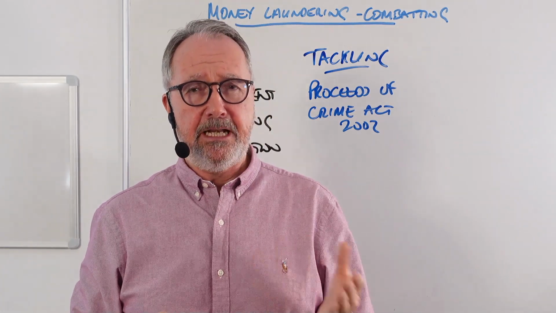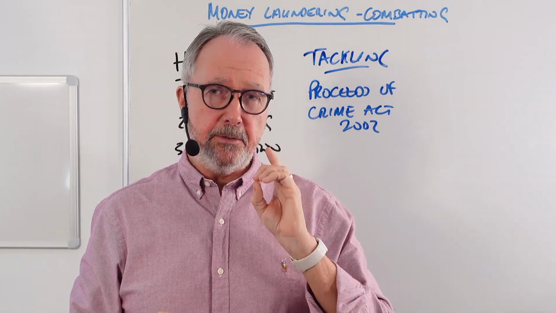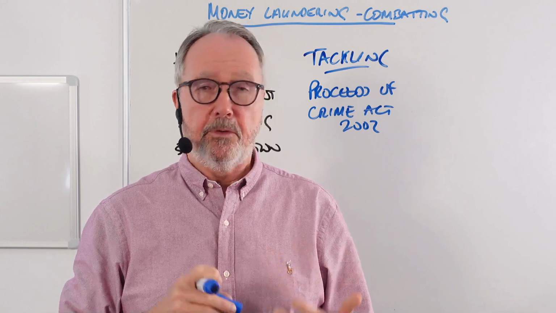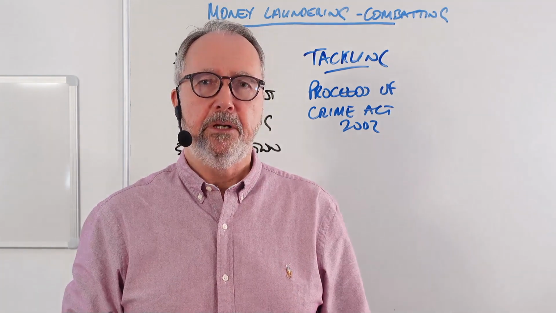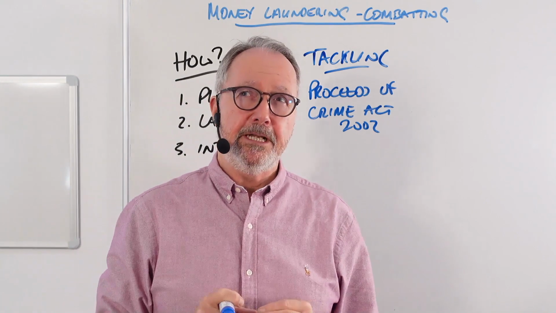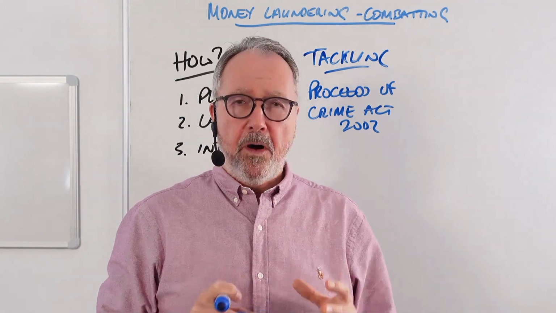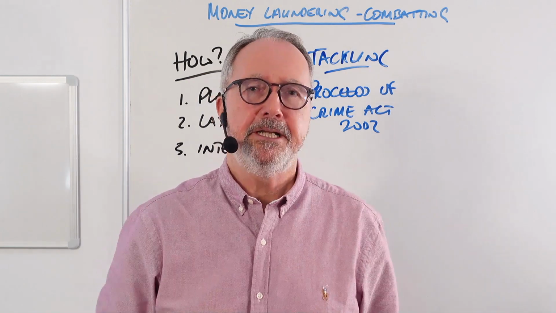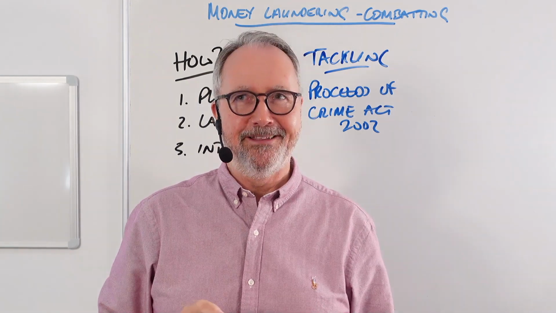So if you are dealing with criminal money, you're breaking the law. If you're part of the arrangement to launder the money, you're also breaking the law. So if you're facilitating it, as a financial advisor, you can be put away for 14 years as well. If you acquire or purchase criminal property as part of the deal, again, you are breaking the law as well.